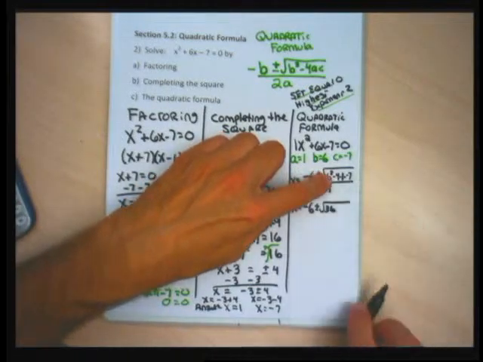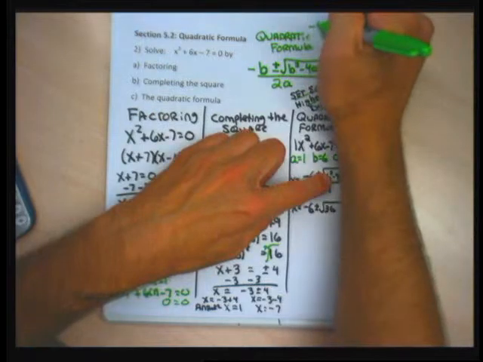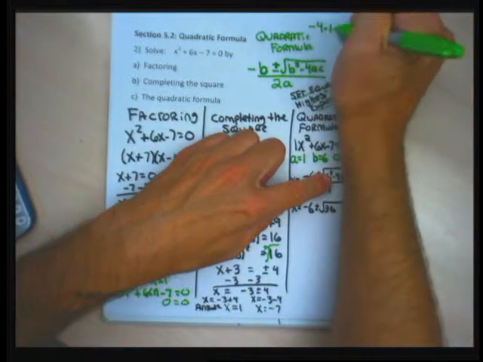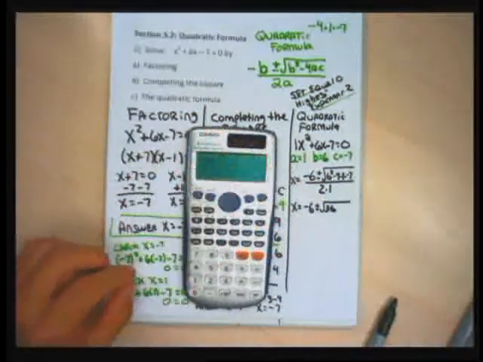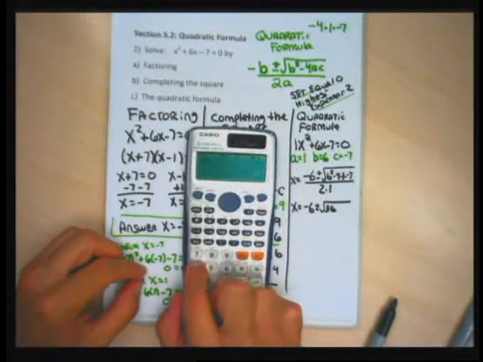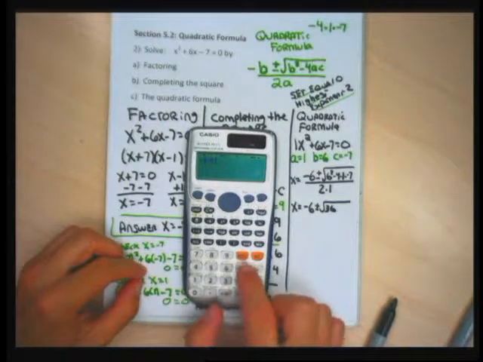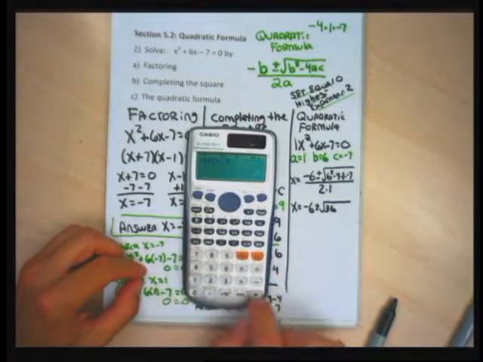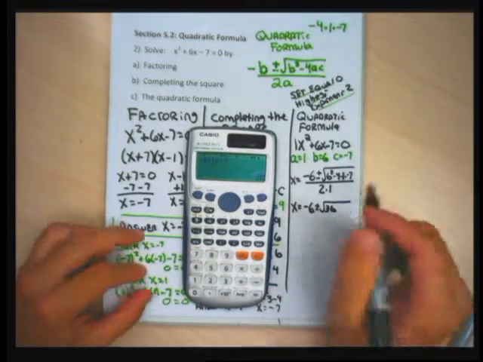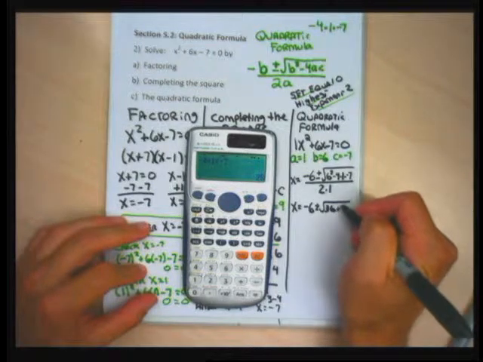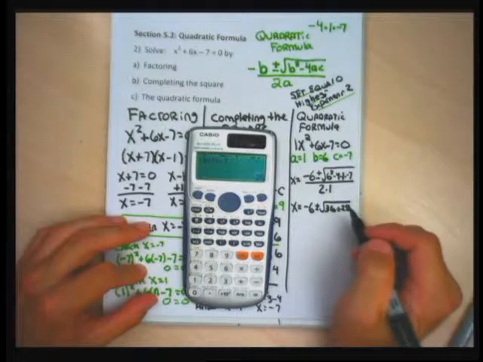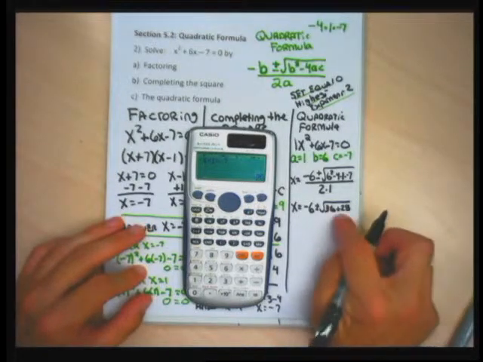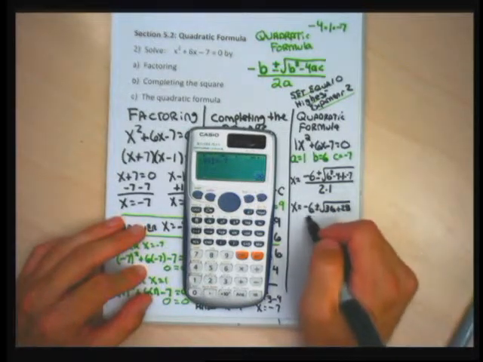Another thing I see is -4 times 1 times -7. If I do that, I'm going to get a positive 28. So under my square root, the b squared is 6 squared, which is 36. The -4 times 1 times -7 comes out to positive 28.